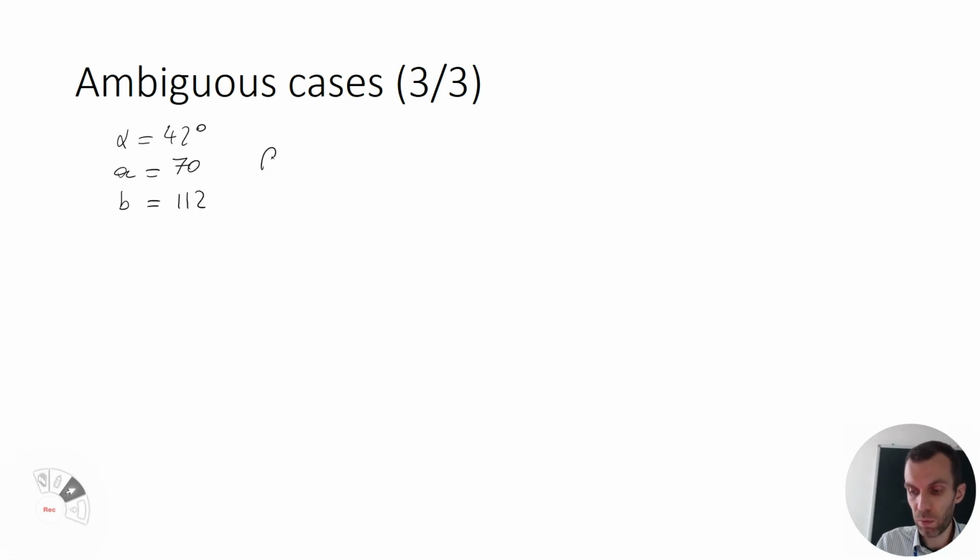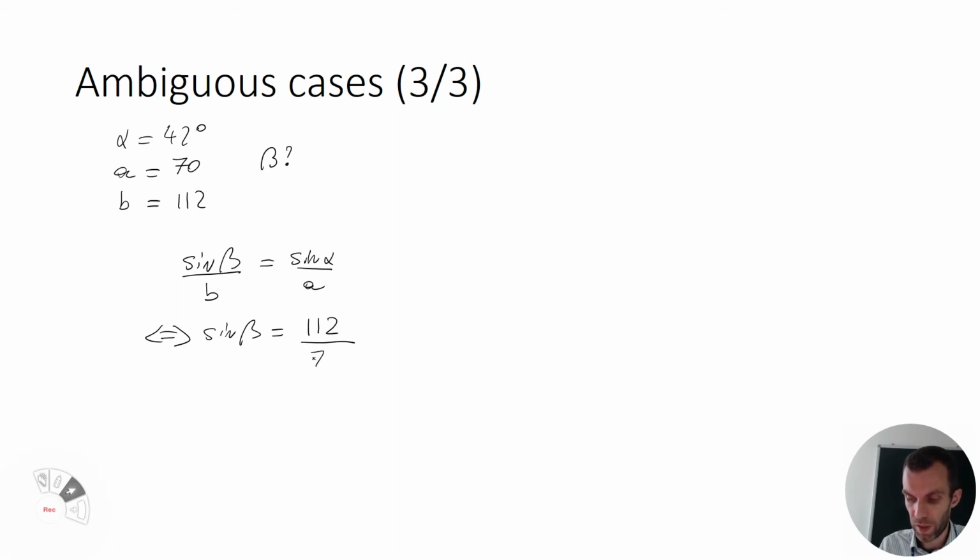And again, we want to find beta. So we know this, we plug it in our sine formula. Sine beta over B is sine alpha over A, or sine beta is equal to 112 divided by 70 times sine 42 degrees.